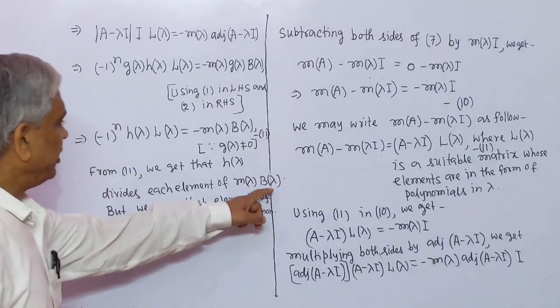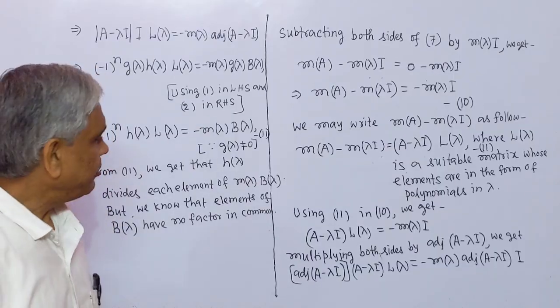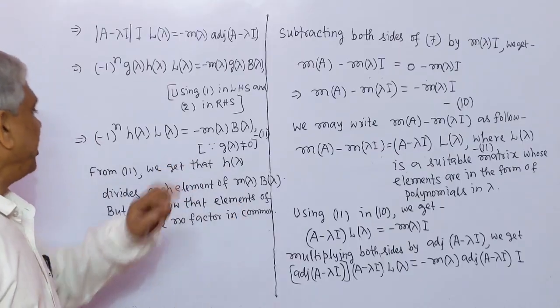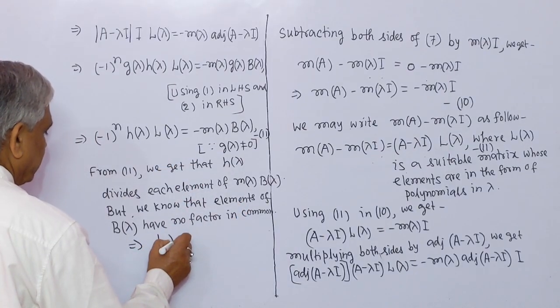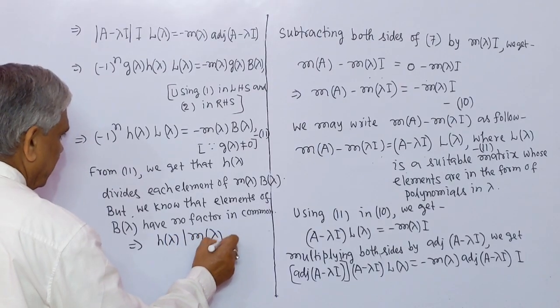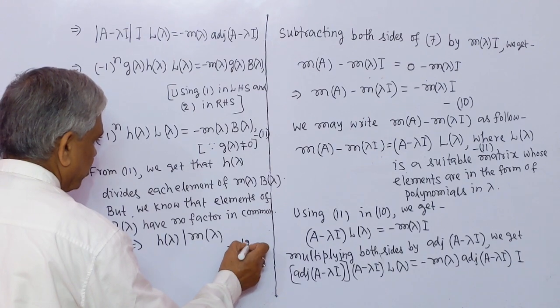That means h lambda divides m lambda. This is number 12.